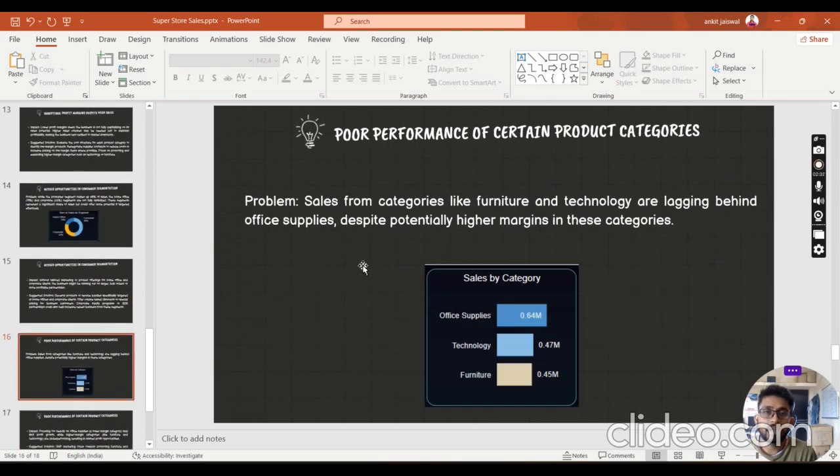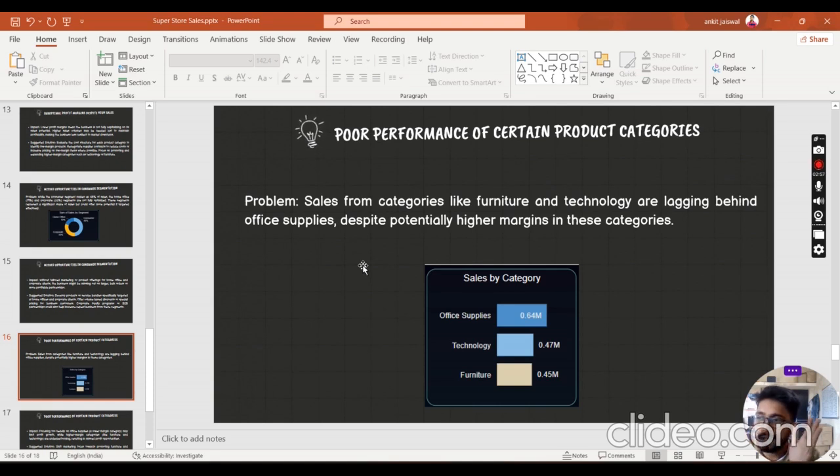Now, if we talk about the next thing, the poor performance of certain products and categories. The problem is that sales from categories like furniture and technology are lagging behind office supplies, despite potentially higher margins in these categories.